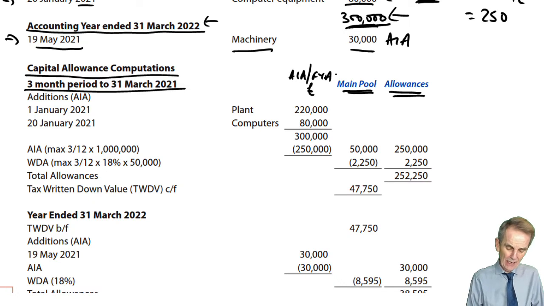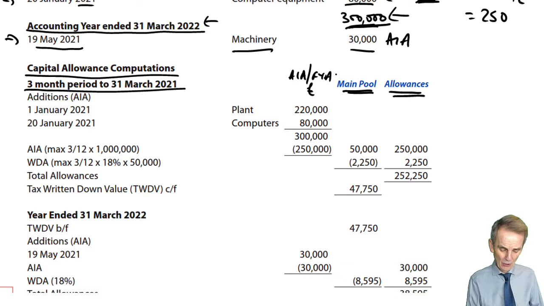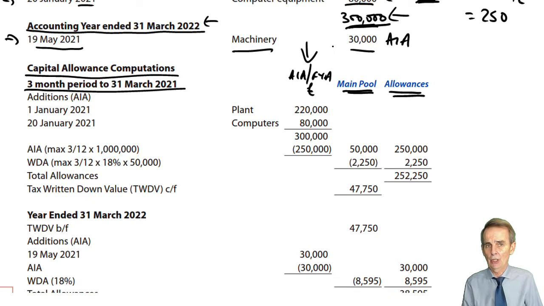So before working out what goes, if anything, into the main pool, we're going to record expenditure in this column here that will either rank for AIA or in turn would rank for first year allowance. Both are 100%, so that would take all expenditure out and claim your allowances thereon.